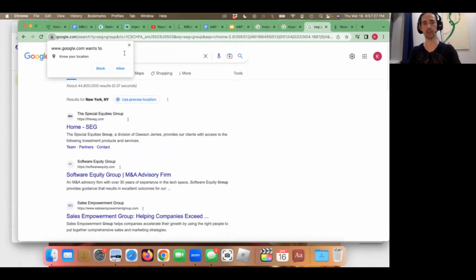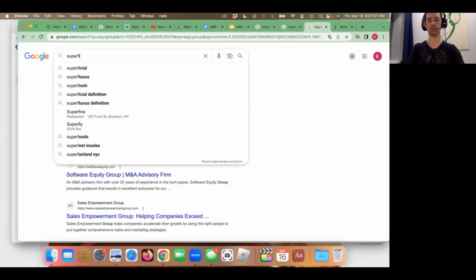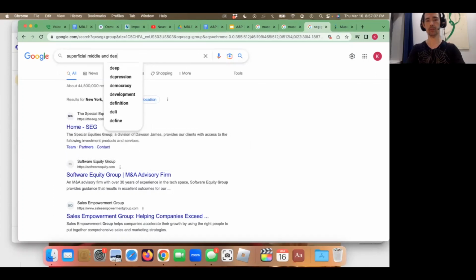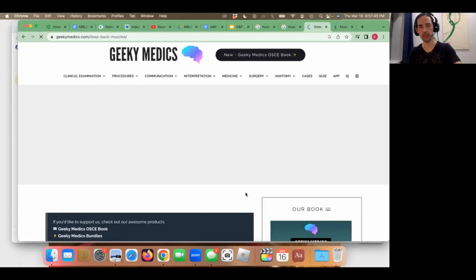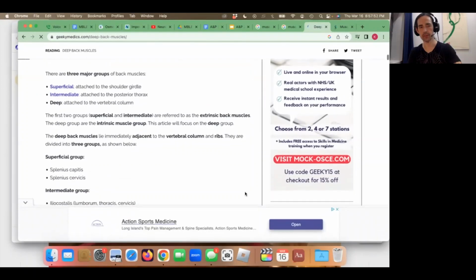So let's look at the superficial, middle and deep muscles of the back. Let's see how this is organized.